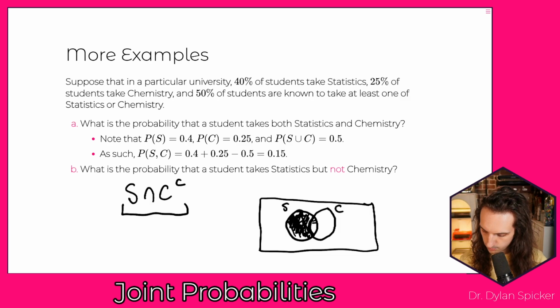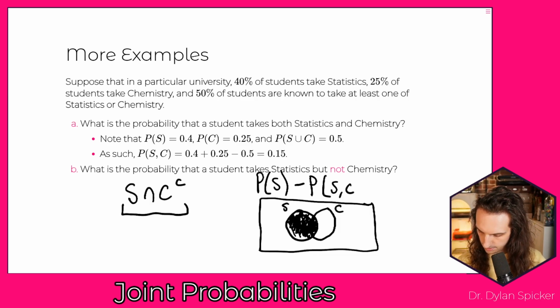In other words, if we take the probability that someone is in statistics, that is this whole circle, including that joint area, and then subtract off the probability that someone is in both statistics and chemistry, we're subtracting off this middle part. We subtract off the part in between, and as a result, that leaves us with just the part of statistics that we're caring about.